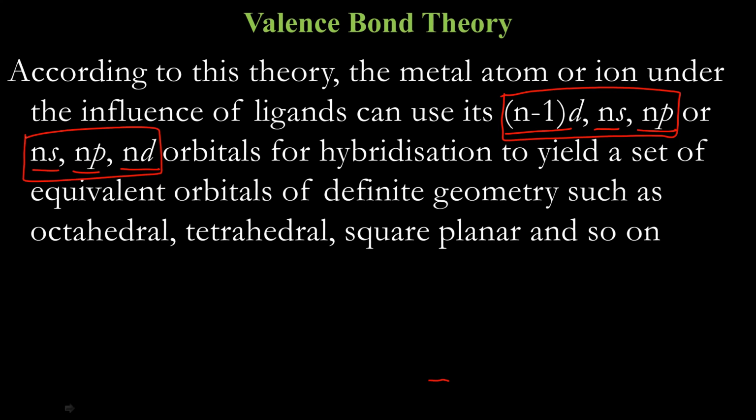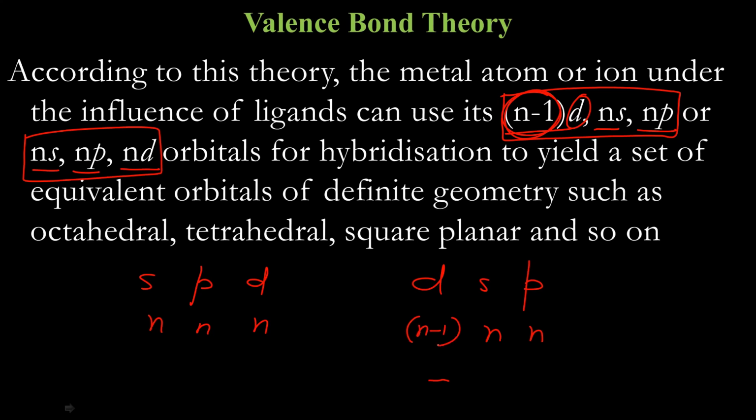If d is written first, the thumb rule is that it will be of the previous shell. That's why (n-1) will be there. If I am considering the sequence spd, then these will be of the same shell. If I am writing it dsp, then these two will be of the same outermost shell, but d will be of the previous shell. That's it.